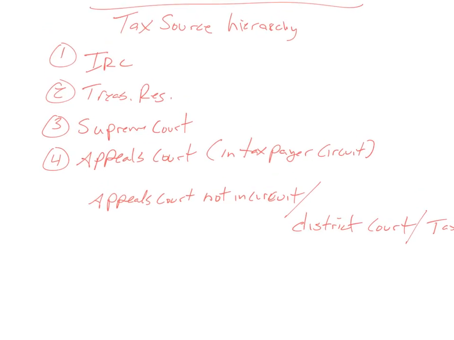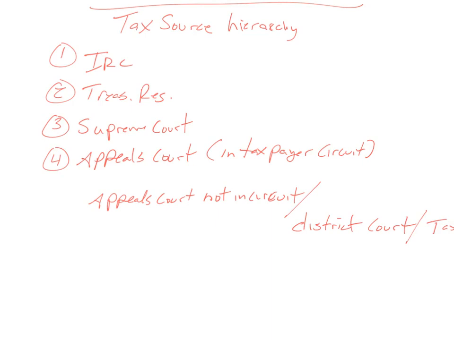At the very top is always the Internal Revenue Code. Then the associated Treasury regulation, if there is one that goes with that Internal Revenue Code. If there is a Supreme Court case, then you're going to cite that next. If there is an appeals court case from the taxpayer's circuit, that would get cited next.